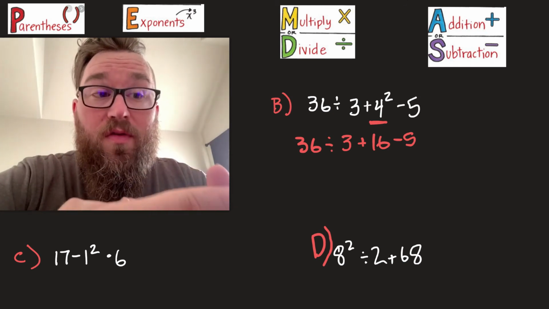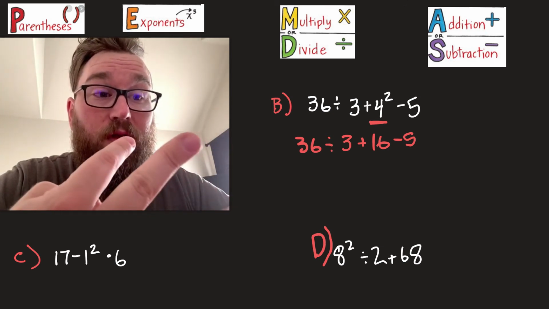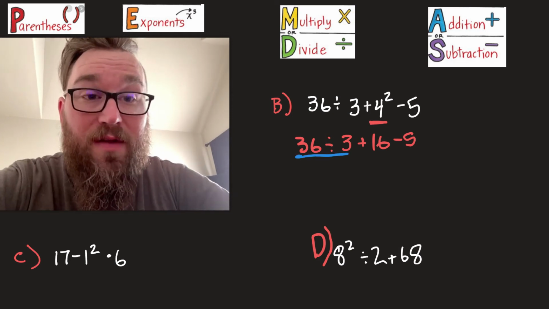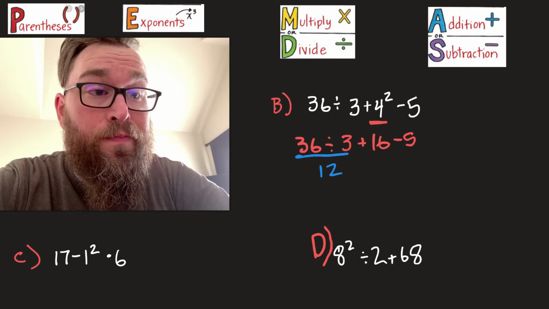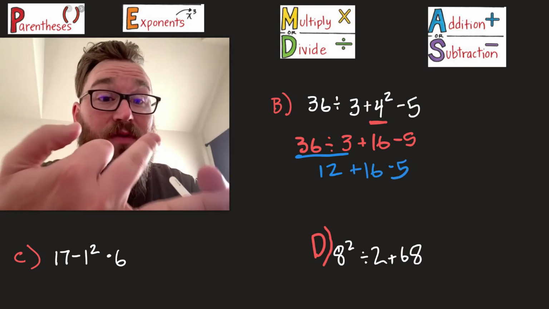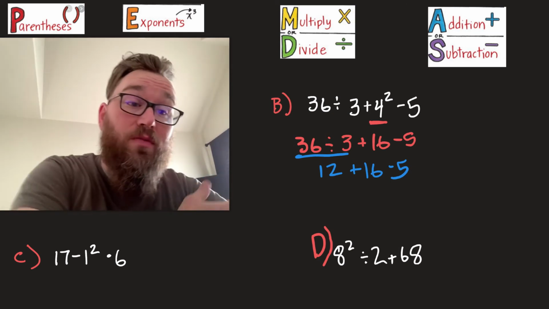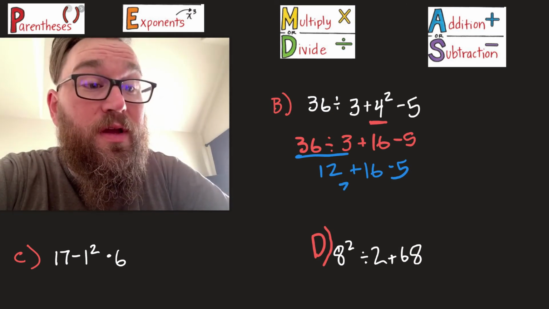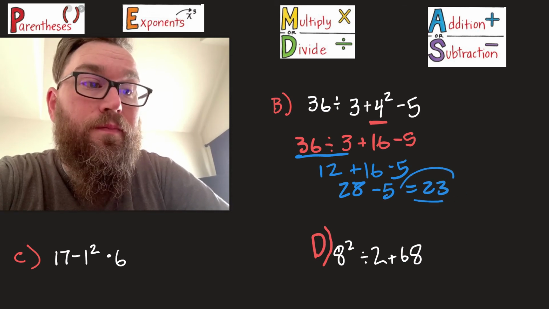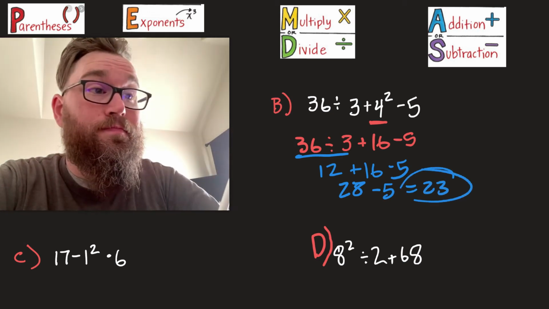There are no parentheses, no more exponents, so I look for multiply and divide left to right. Here is a divide. 36 divided by 3 is 12. 12 plus 16 minus 5. The only thing that's left is addition and subtraction, so I just do them left to right. 12 plus 16 is 28. 28 minus 5 is 23. What was the answer for B?